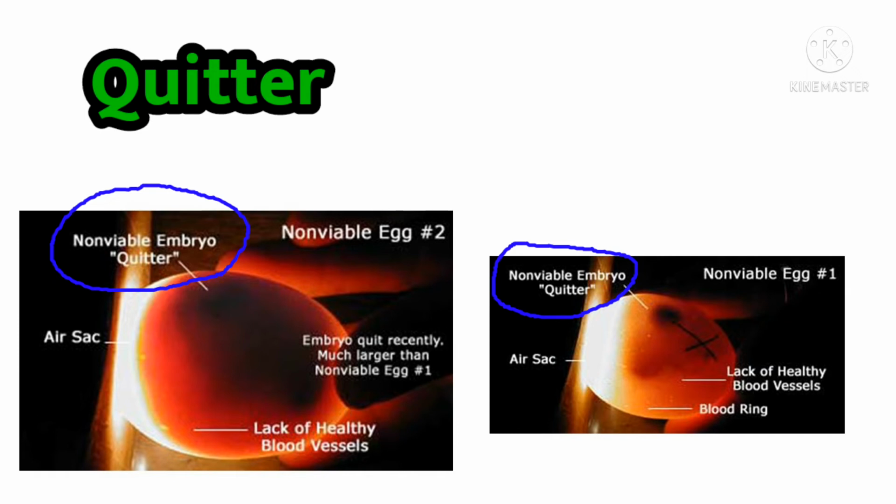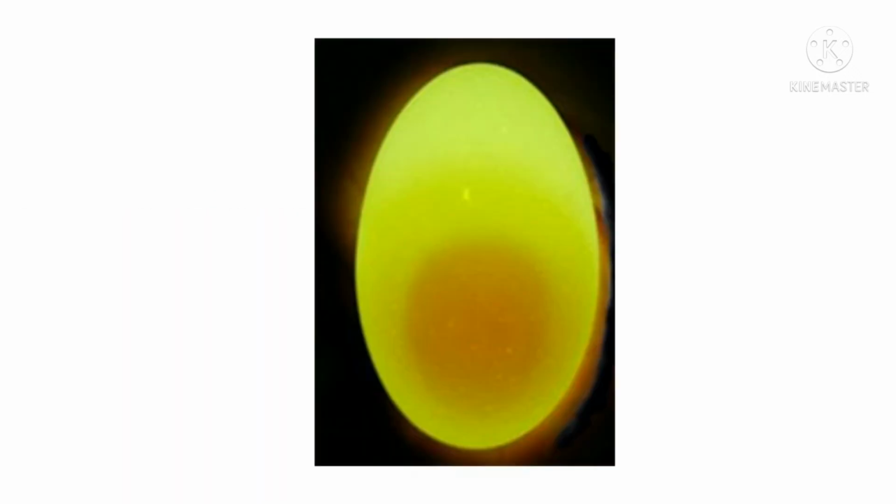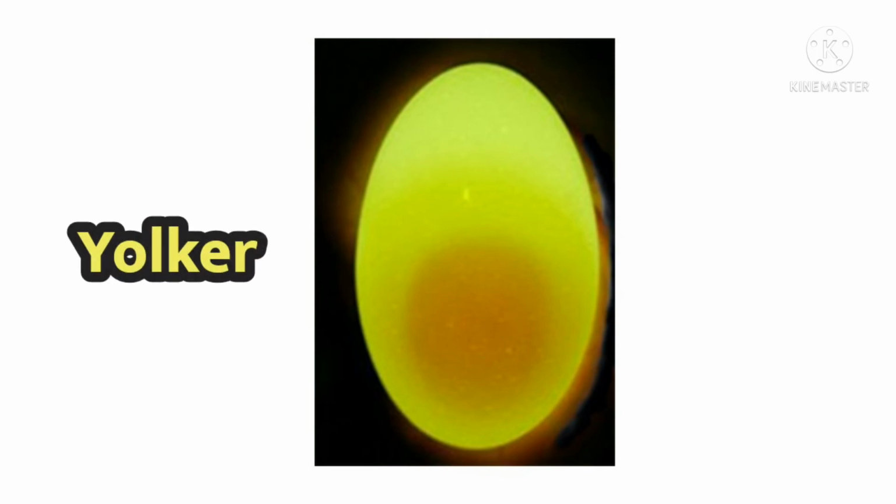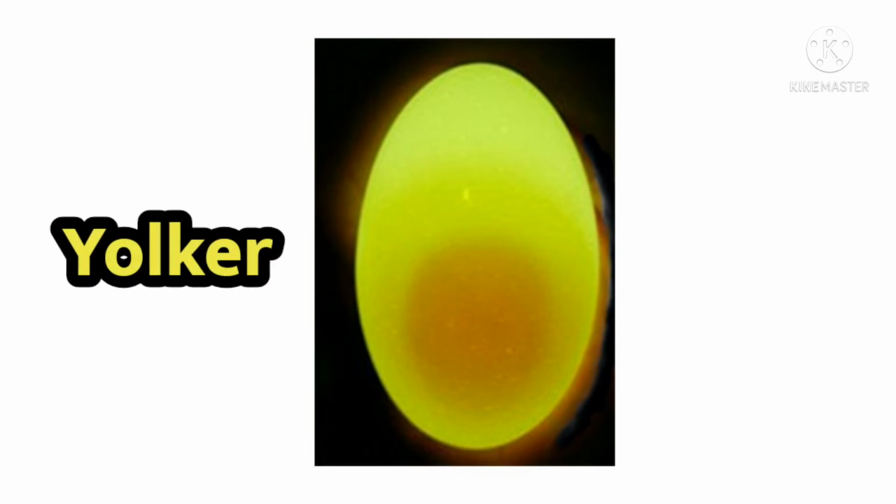Some eggs can quit due to poorly maintained temperature or humidity, and some are contaminated by bacteria. Also you can look for the signs that the egg is a yorker. That means a yorker is an egg that was never fertilized and has no chance of developing an embryo.